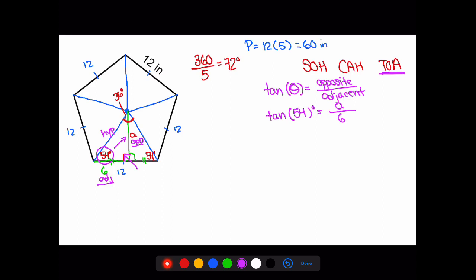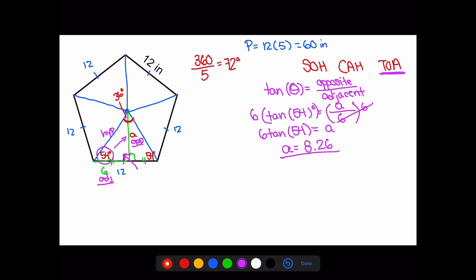Now our goal is to get A by itself. So I multiply both sides by 6. And be left with 6 tangent of 54 is equal to A. If we enter that into our calculator, we're left with 8.26. So A is equal to 8.26.